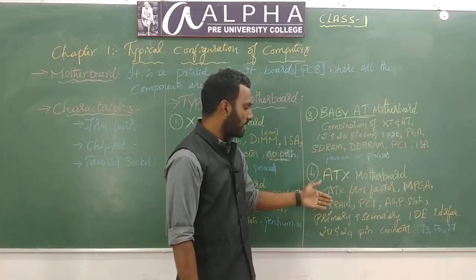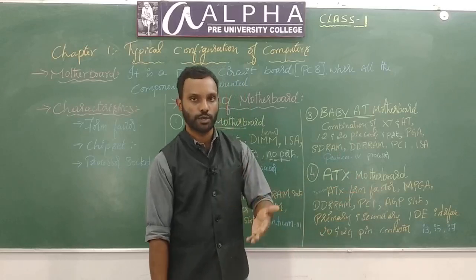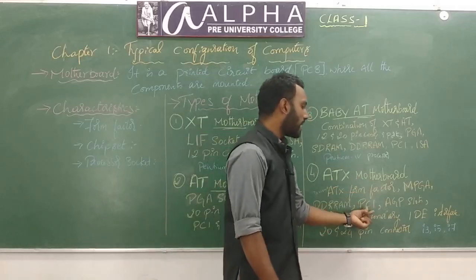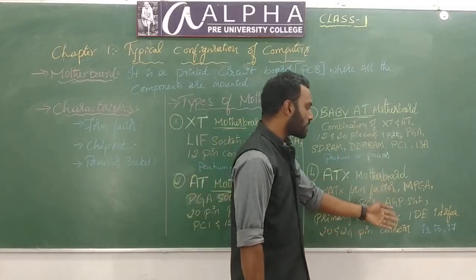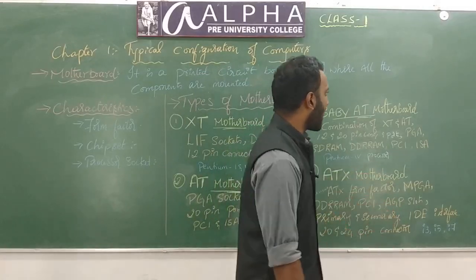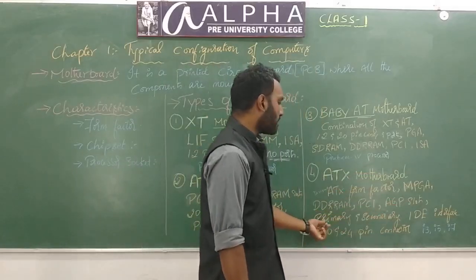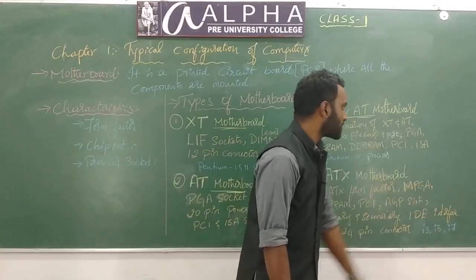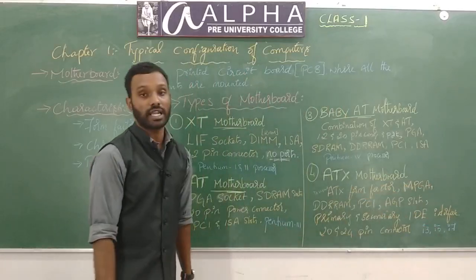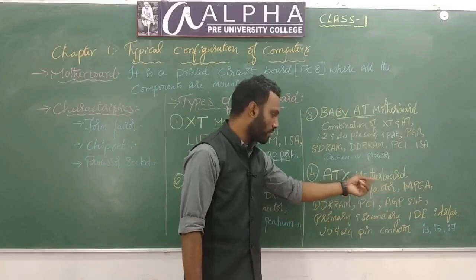Also you have learned about these RAMs, main memory and secondary memories, in your first year POC too. It had PCI slots, and AGP slots were introduced in this ATX motherboard. AGP, accelerated graphic ports, and primary and secondary IDE interfaces, IDE, integrated digital electronics interfaces, were introduced in ATX motherboards.